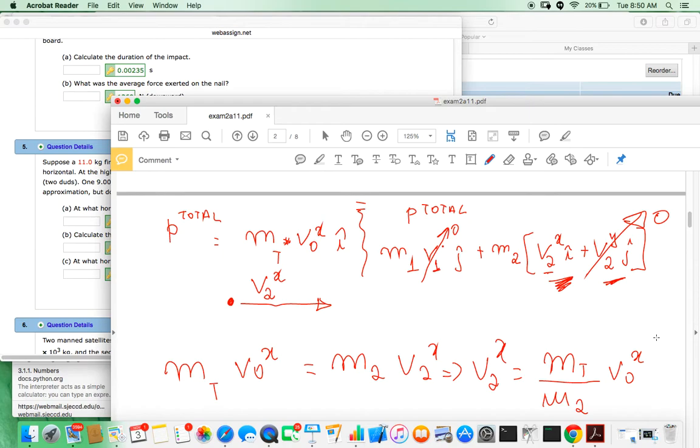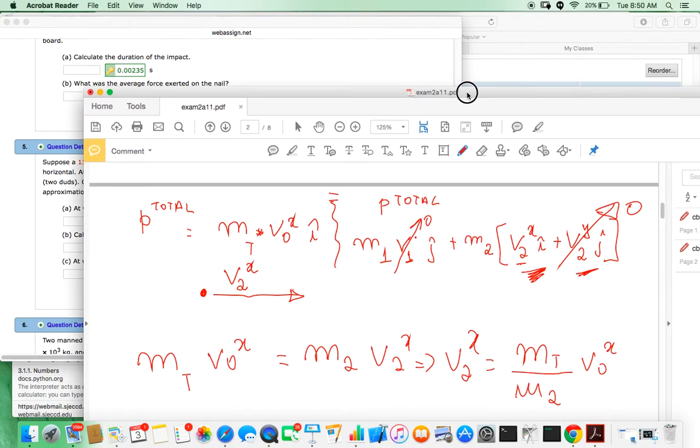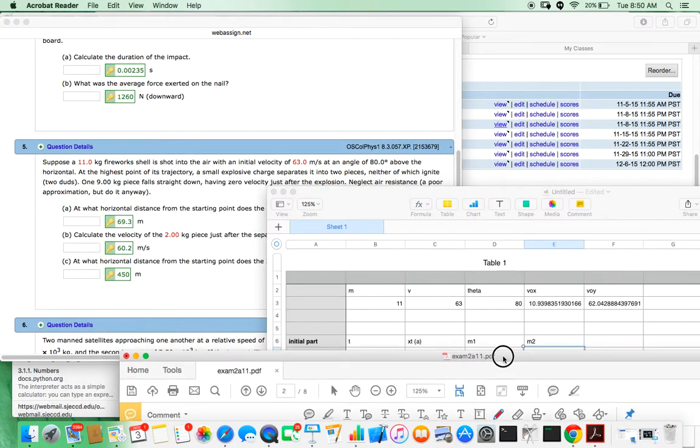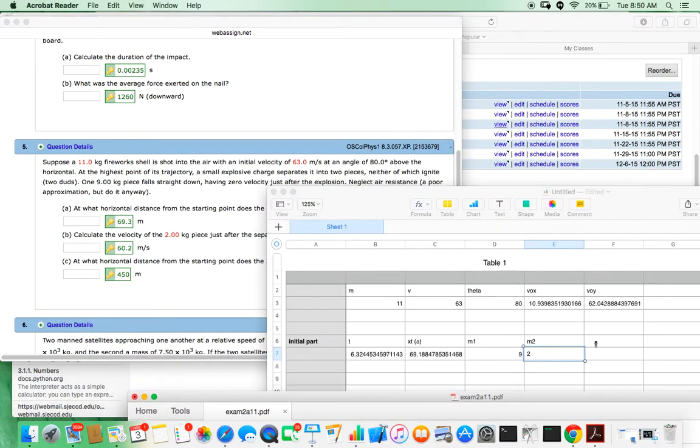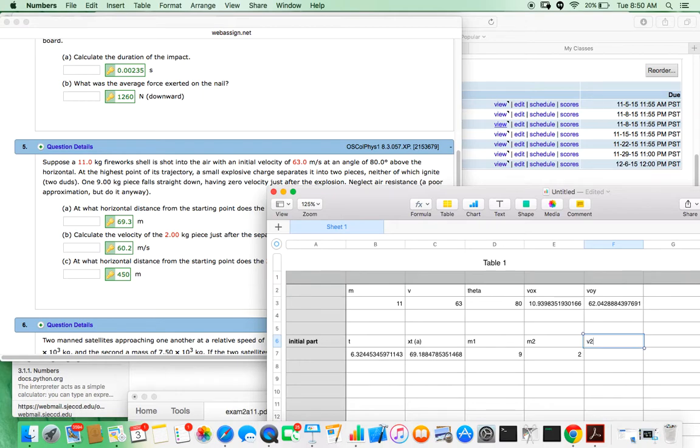So let's plug that in our equations. Ratio of the masses times velocity, can't forget that. So V2 is equal to the ratio of the masses times the initial velocity. I think that's what it is.